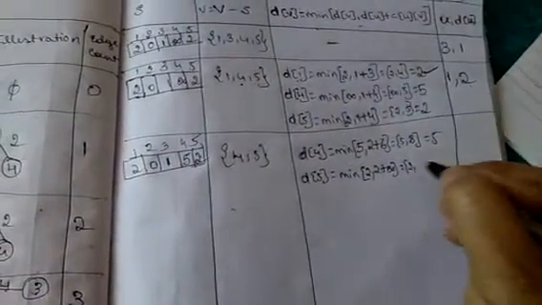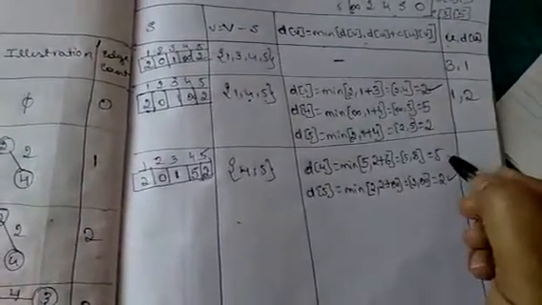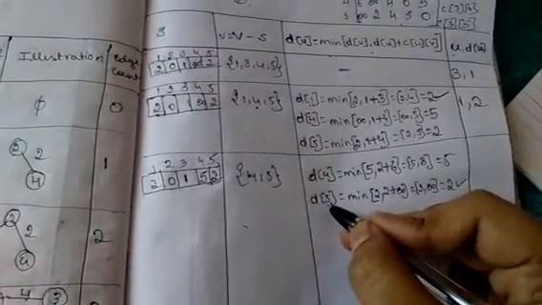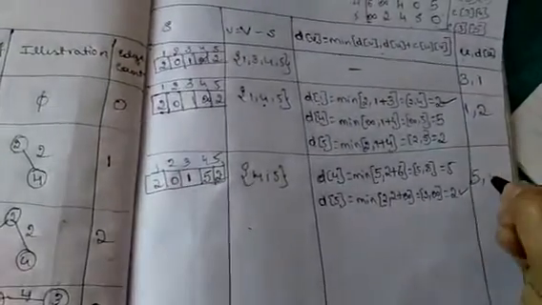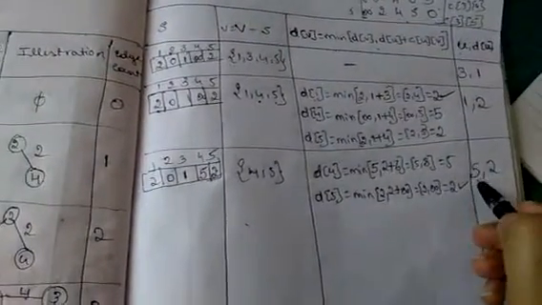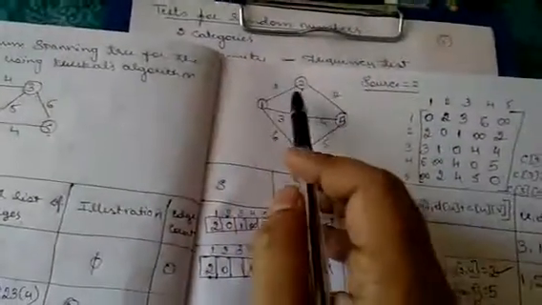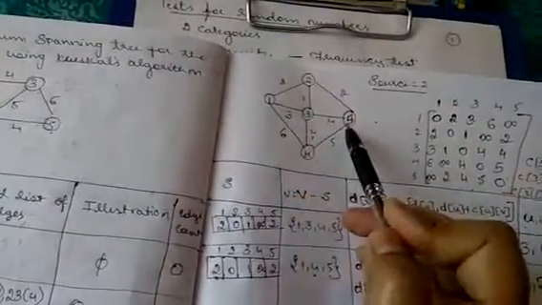So 2 plus infinity is infinity, which is minimum. 2 is minimum. So this is minimum. Among 5 and 2, this is minimum. So which is the next path, next vertex I am taking? 5. 5 and the cost is 2. I'll take 5, 2. From 2 to 5, it is 2. See here, from 2 to 5, it is 2. From 3, it is 5. It will become 5. From here, it will become 9. So direct 2. This is the minimum.